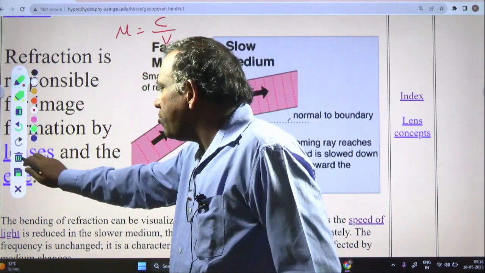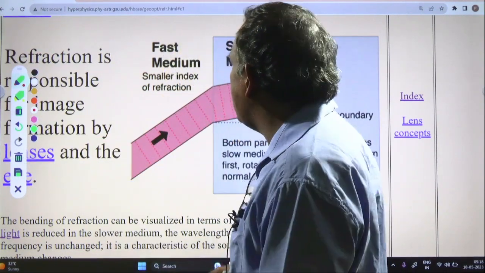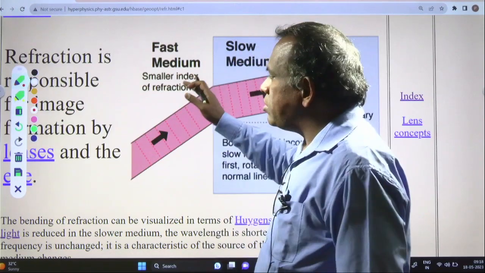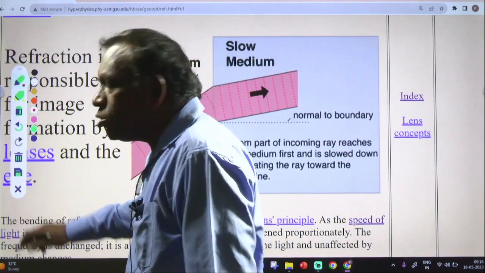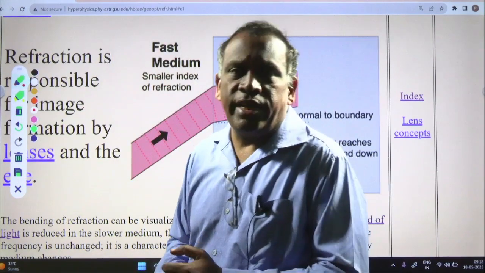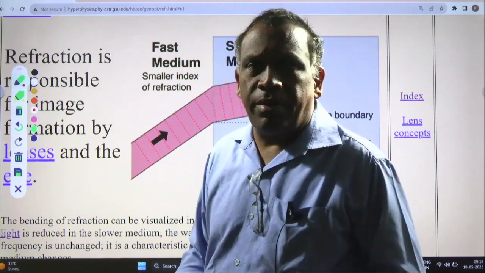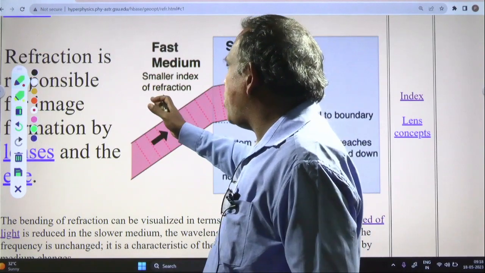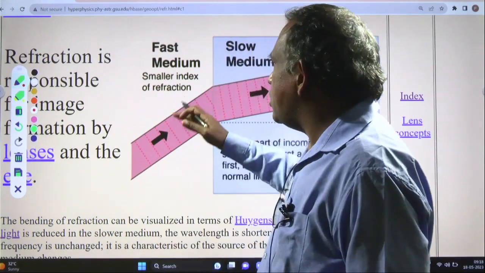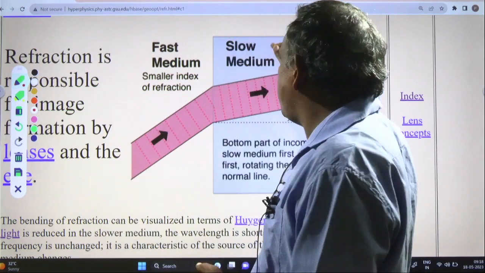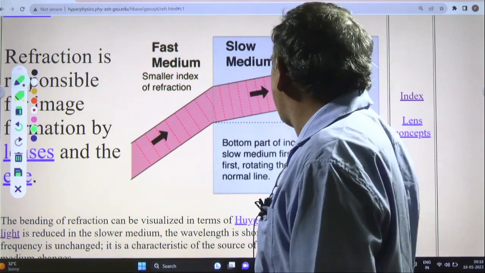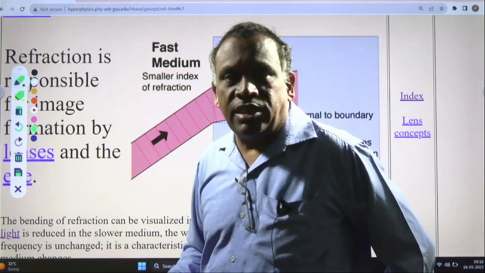Based on the refractive index, we can tell whether light travels fast or slow in the medium. Usually the speed of light is faster in the rarer medium. So a fast medium has a smaller refractive index, and a slow medium has a greater refractive index.